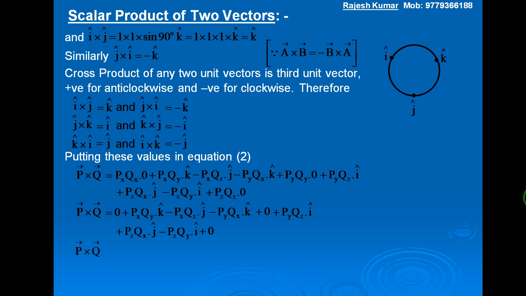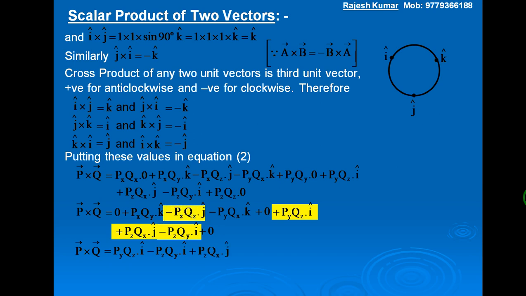Therefore, p vector cross q vector is equal to py qz into i cap minus pz qy into i cap plus pz qx into j cap minus px qz into j cap plus px qy into k cap minus py qx into k cap.